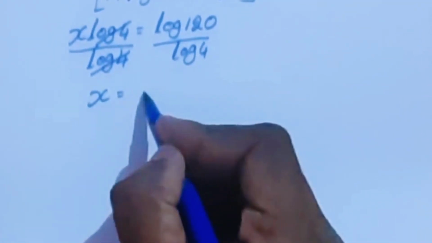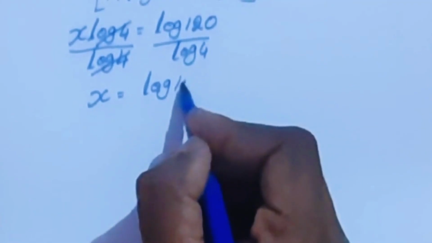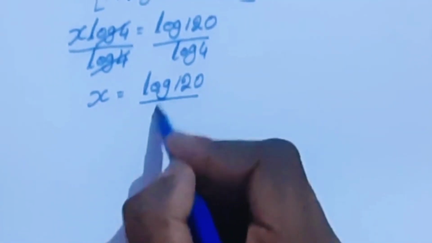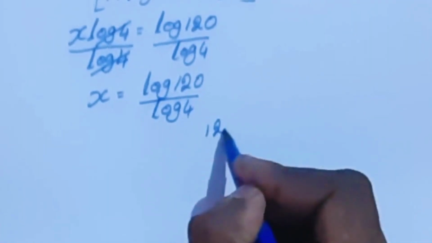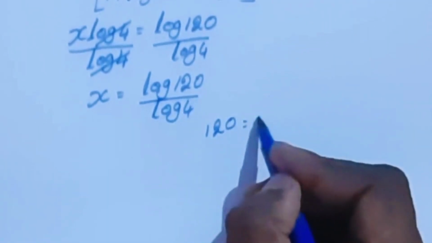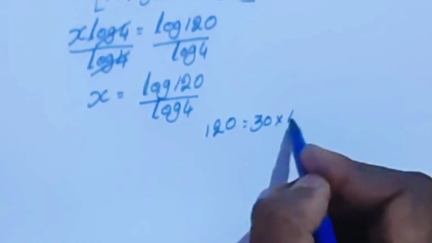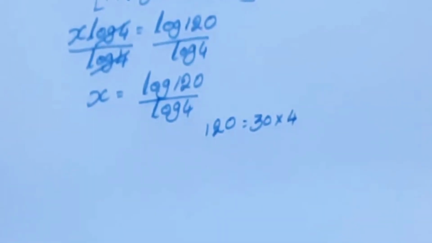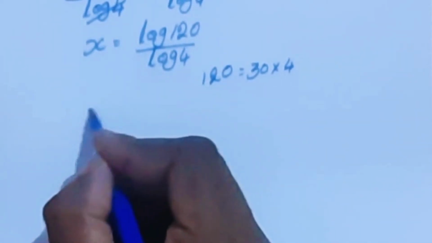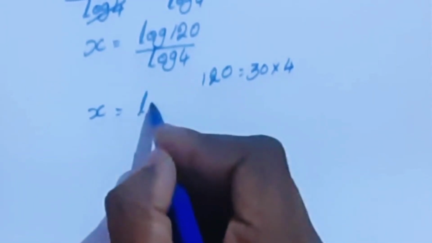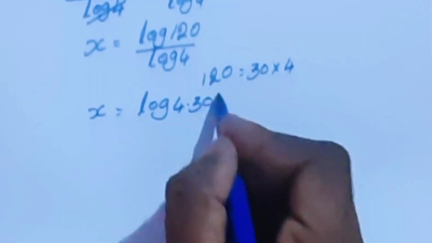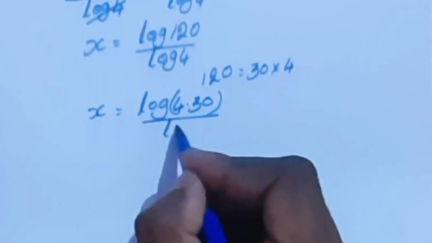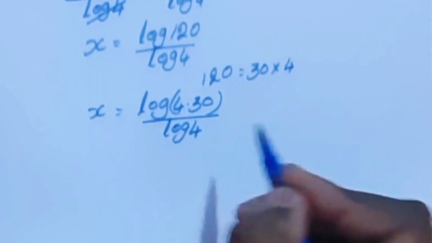Here we have x equal to log 120 by log 4. Now this 120 can be written as 30 times 4. So x equal to log 4 times 30 by log 4.